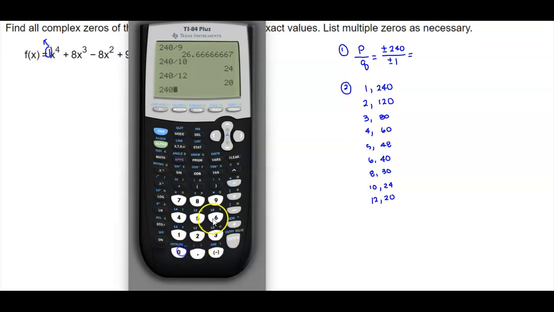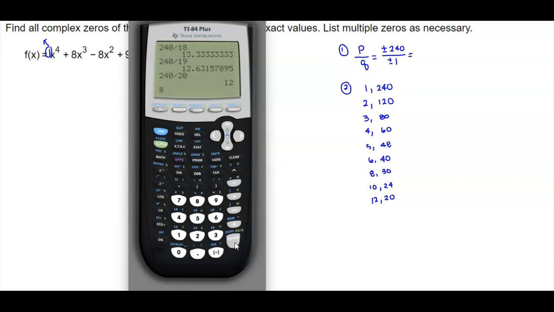We know that 13 doesn't go in there, and 14 doesn't either. 18 doesn't go in there, and 19 doesn't work. So we can go all the way up to 24. Does 20 work? Yes. So we know that 12, 20, 10, 24, so we have all our factors.